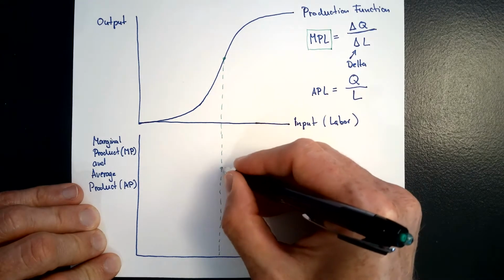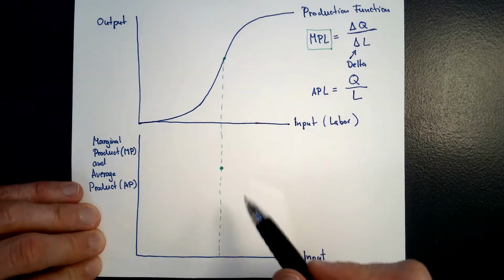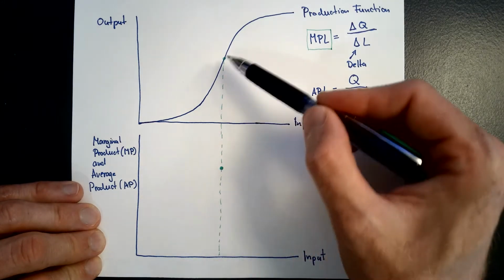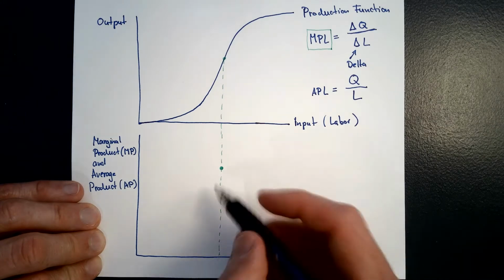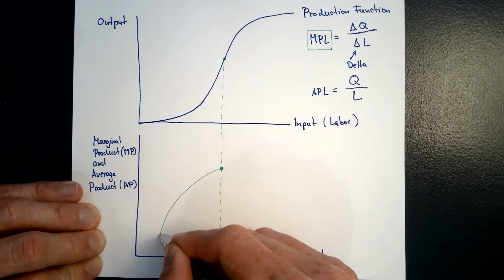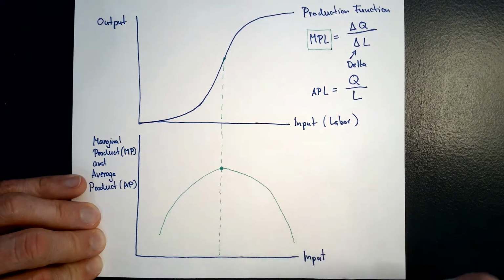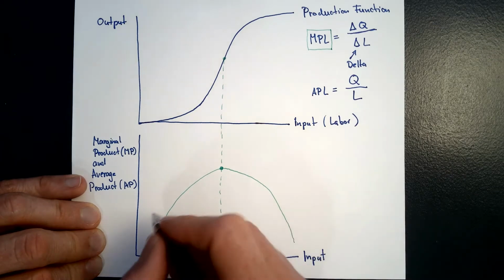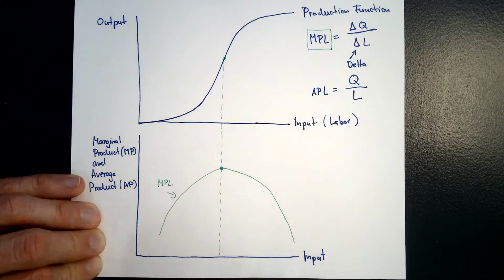So let us represent this up here. Since the marginal product of labor is maximized at this point, it is lower everywhere else, and hence the marginal product of labor looks like this. So this is the marginal product of labor.